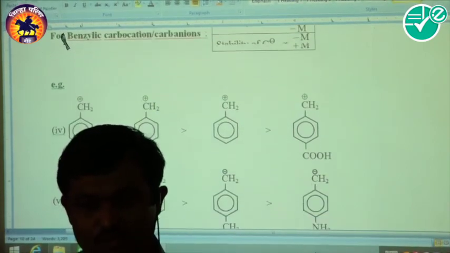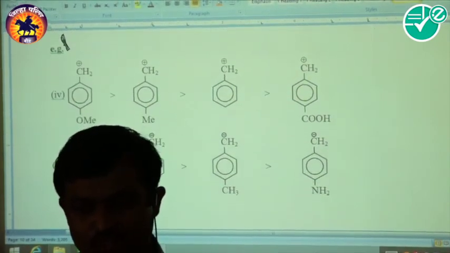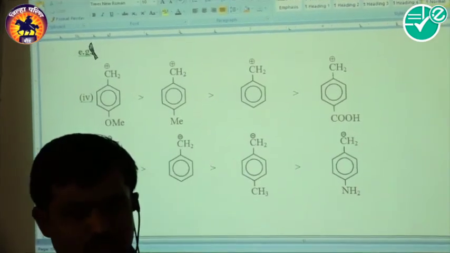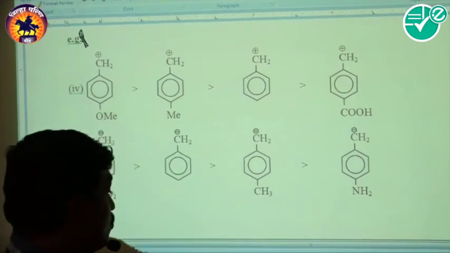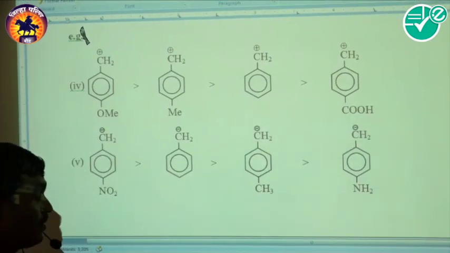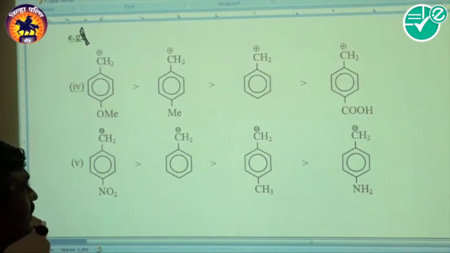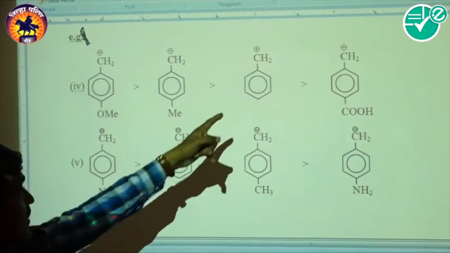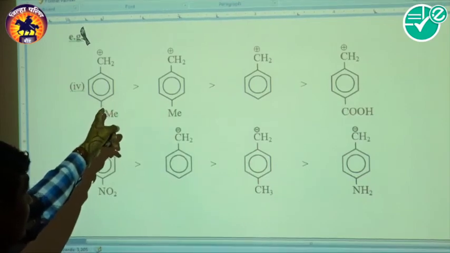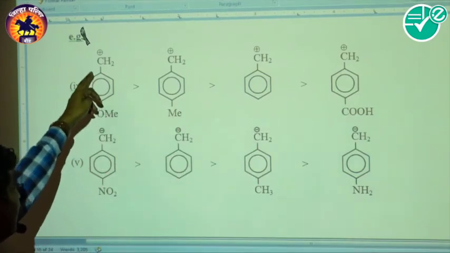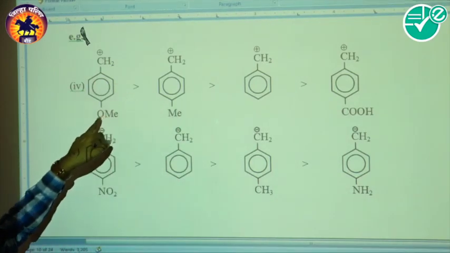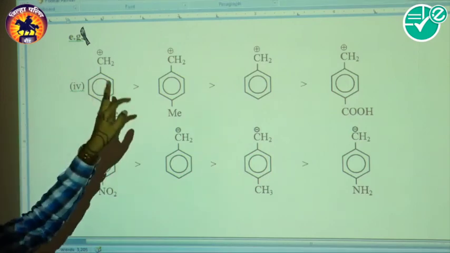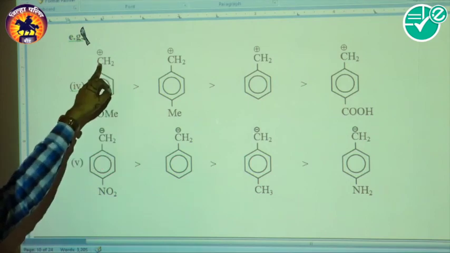So in short, I gave the idea of some examples which stabilize due to the positive inductive effect, positive mesomeric effect and negative mesomeric effect. Look here at the carbocation. This is a methoxy group which has a positive mesomeric effect, so it can be stabilized more.